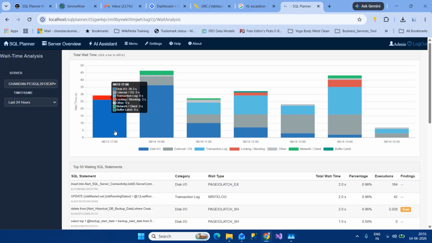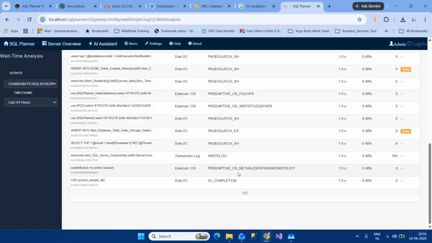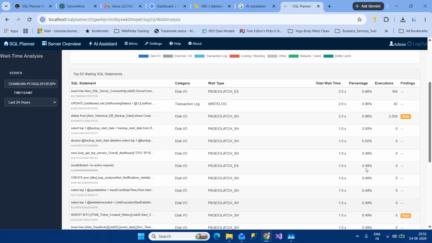Here we see that at 13 and 14 there were huge waits, basically because of disk, and the red one is just for blocking and locking. And we can also look into the several queries below that have some waiting inside.